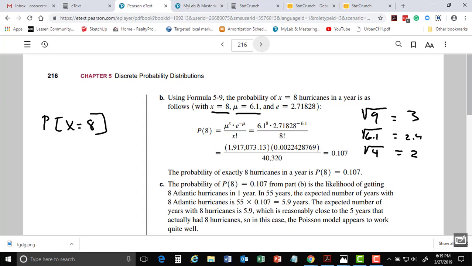Okay. So we calculated mu, yes? And we now got the square root of it. Guess what? Where is the 2.4? Oh, okay. Before I do that, you need to know what e is. Has anybody heard of e? You have? What is e? You don't know? Oh, good. It's an exponential function.